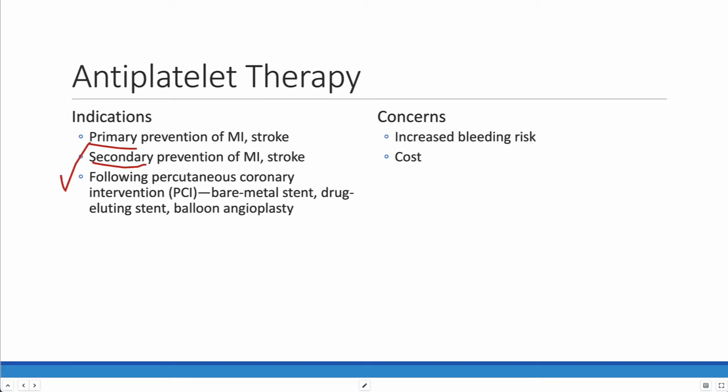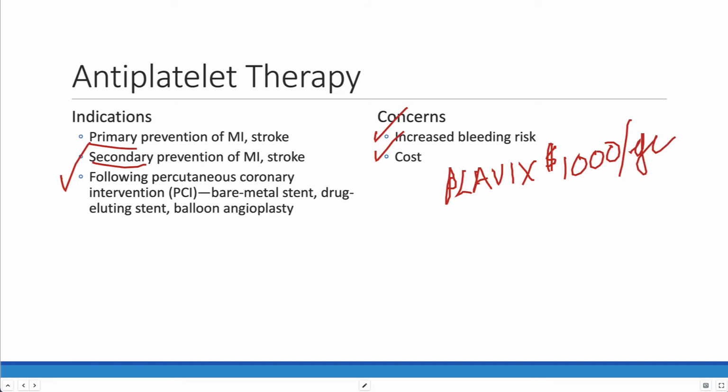The downsides of antiplatelet therapy, of course, are increased bleeding risk, but some of these agents are really expensive. So Plavix, when I last looked, is about $1,000 a year, cash pay, and Brilinta is about $6,000 per year.